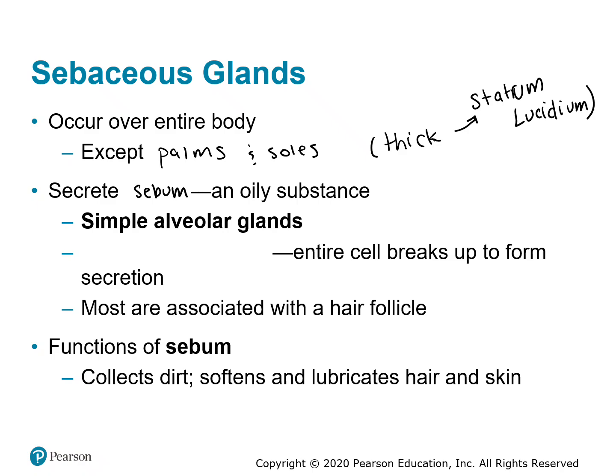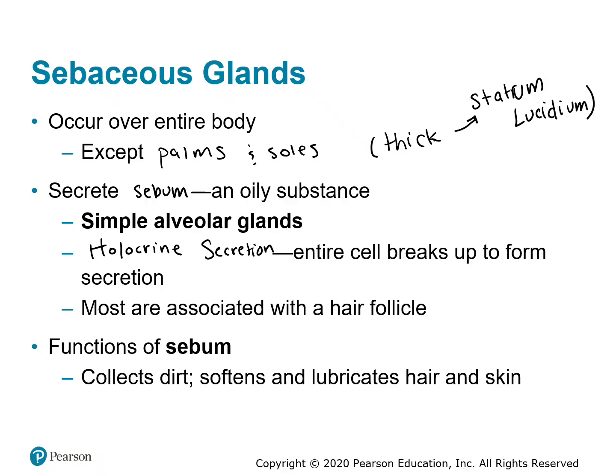These sebaceous glands secrete sebum, and that sebum is an oily substance, and that is what gives your skin its oil. So if you have relatively oily skin, you have active sebaceous glands. They are a simple alveolar gland. That will make sense when you are looking at the chapter 4 stuff, right? Right, great. And they do holocrine secretion.